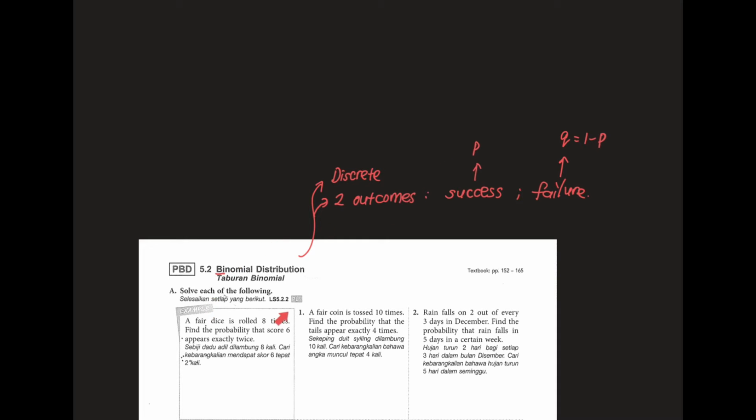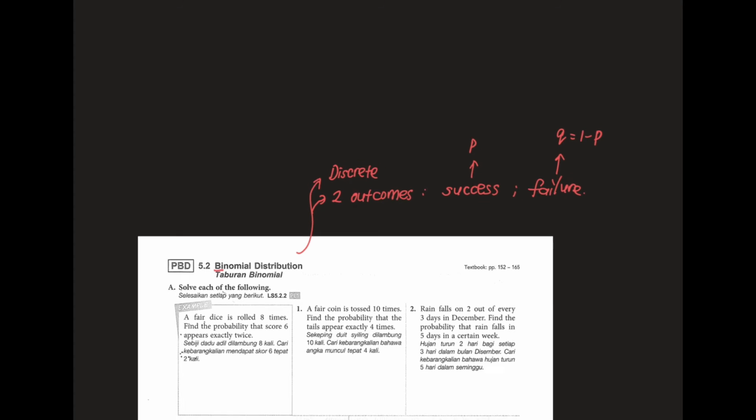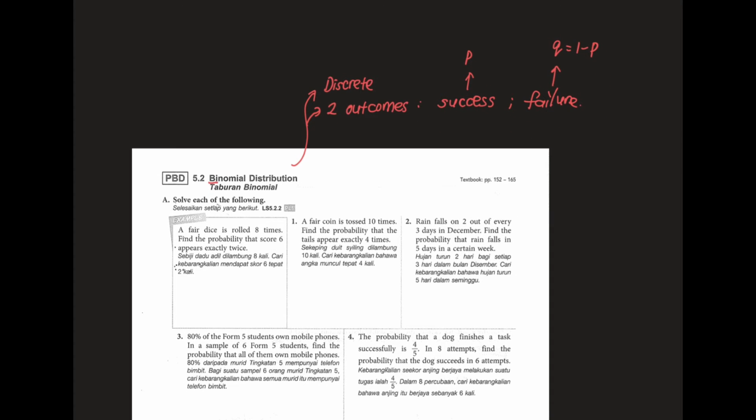You roll a dice, and because it is a fair dice, the probability to get each score is 1 over 6. To get 1 is 1 over 6, to get 2 is 1 over 6, to get 3 is 1 over 6, all the way to 6. To get score 6, the probability is 1 over 6. Since the question is asking score 6, P is 1 over 6.